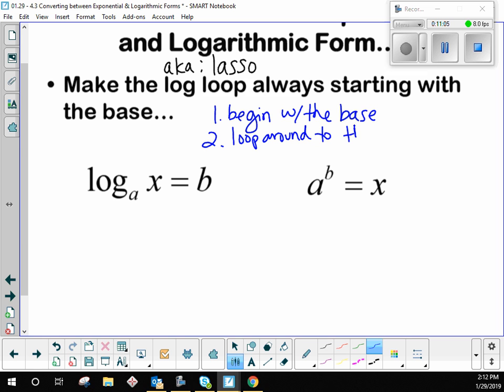The reason I'm stressing the opposite side is that no matter what form you're given, whether it's flipped or not, you know which way to go. So loop around to the opposite side of the equation. So you're going away from the base.